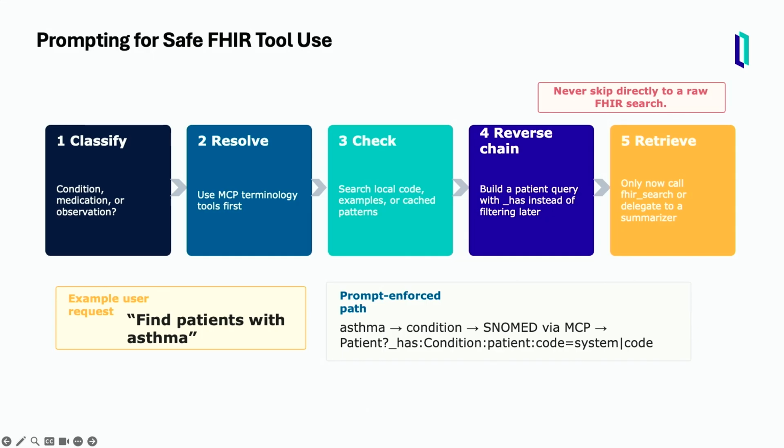It uses reverse chaining when necessary, so the FHIR query is constrained correctly. Only after that is it allowed to call FHIR search. Good prompt design can reduce hallucination and inefficiency. Instead of letting the model improvise a retrieval strategy, the prompt gives it a disciplined path.